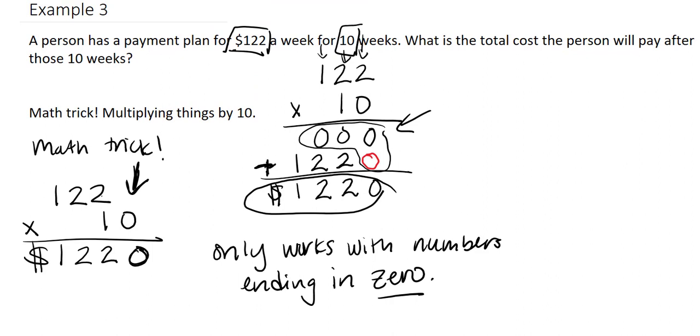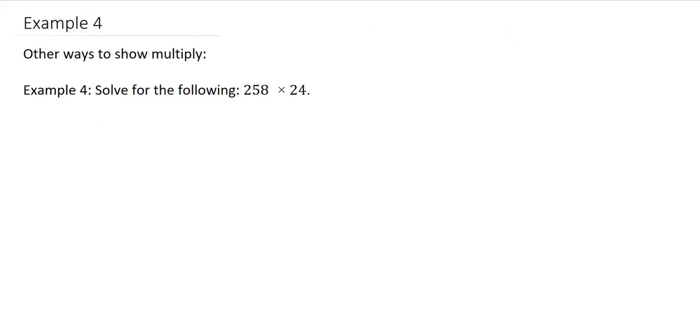Now let's do another example. But before we go to our example, let's also show different ways to multiply. So this problem here, that's 258 times 24, we can represent this as 258 with a dot times 24.